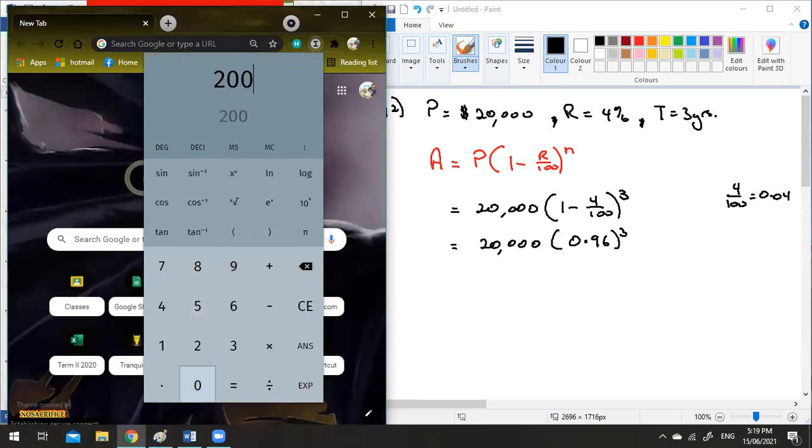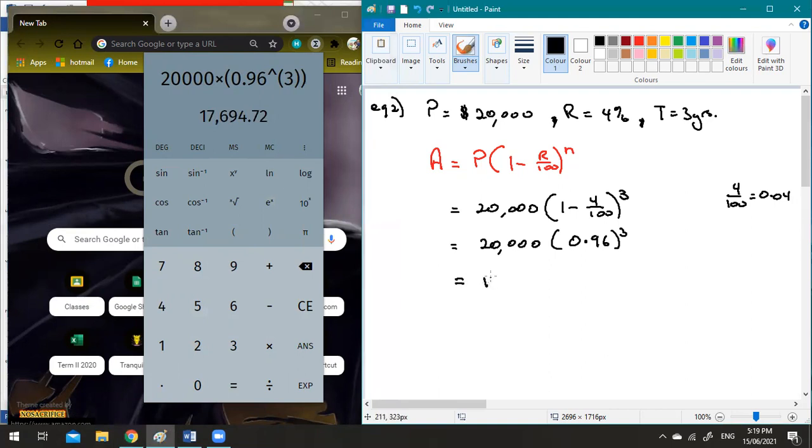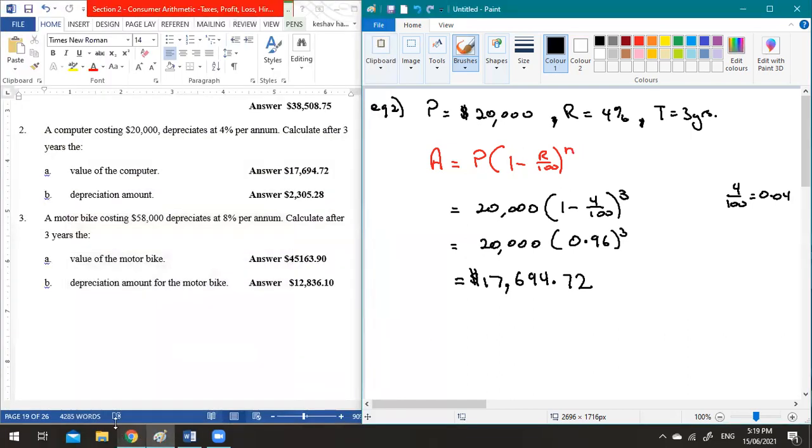So 20,000 multiplied by 0.96, and this is to the power. We have to put the power 3, closing our bracket for the power, and then closing the bracket for the bracket itself, equals $17,694.72. So this is how much a computer will be worth after 3 years.